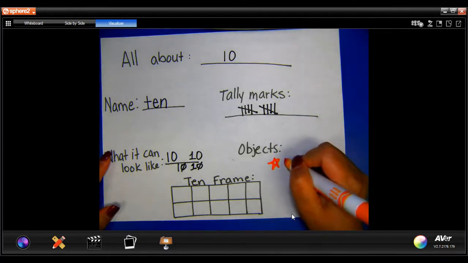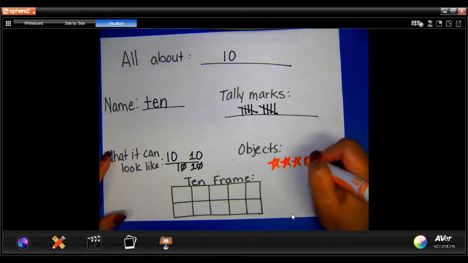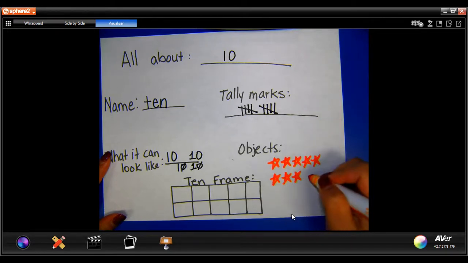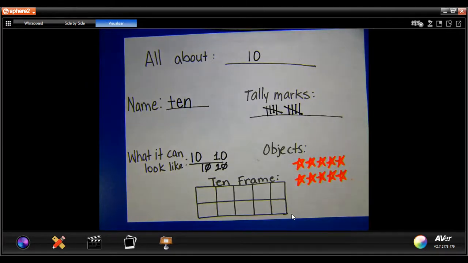1, 2, 3, 4, 5. 1, 2, 3, 4, 5, 6, 7, 8, 9, and 10. Those are my 10 objects.